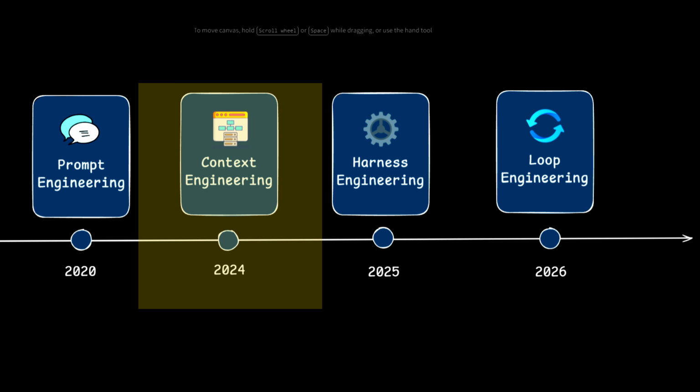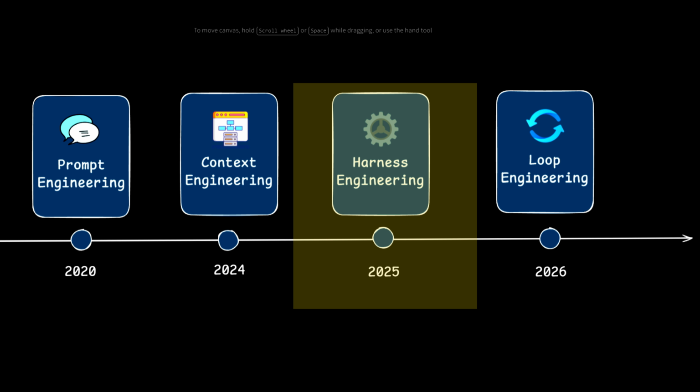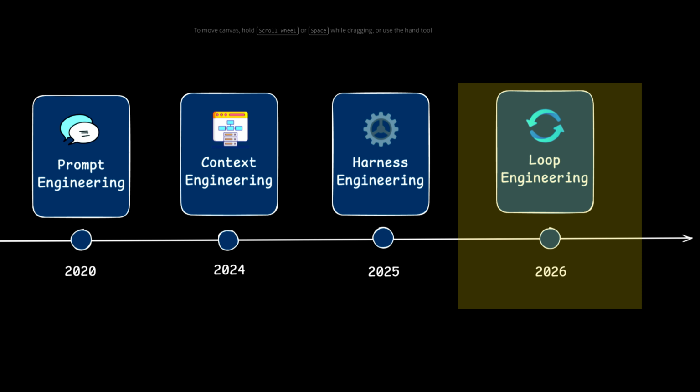Then we moved to context engineering, where the focus was to optimize on RAG and the context that we can give to the large language models. Then we moved to harness engineering, wrapping evaluation and testing infrastructure around our models. But right now, the absolute cutting edge of AI development, the stuff powering autonomous software engineers, advanced reasoning systems, and enterprise agents, is all about the loop.